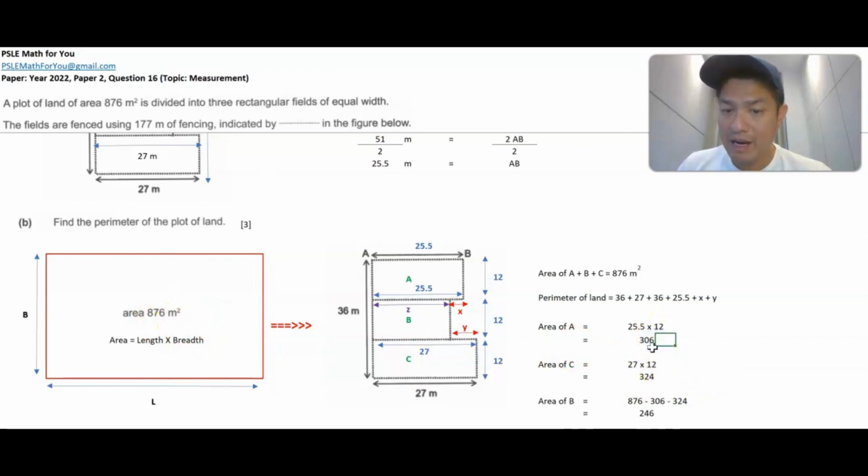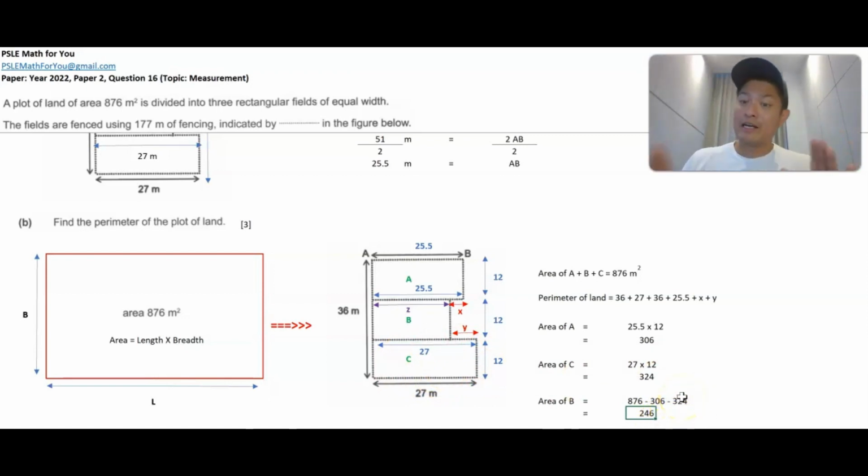Given that the areas of A and C can be calculated from these numbers, the area of rectangle B is 876 less the area of rectangle A, minus the area of rectangle C. So it will be 246.